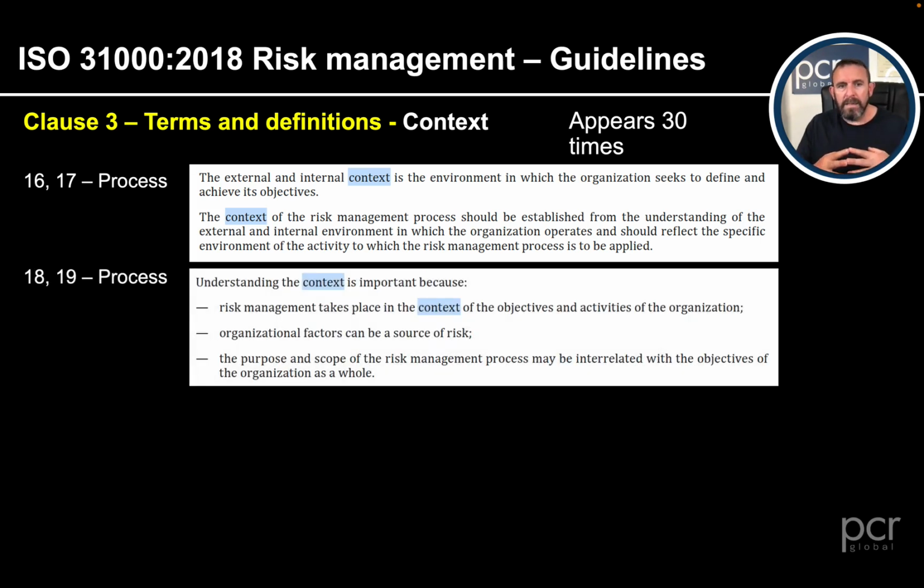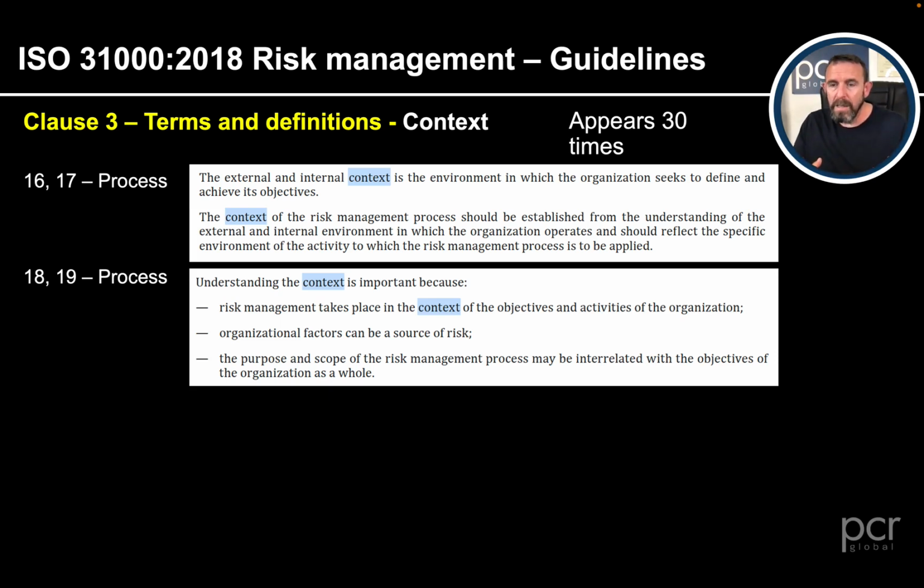18 and 19. Understanding the context is important because risk management takes place in the context of the objectives and activities of the organisation. Again, it's relating risk management, following the risk management process, the 6 steps, and it's telling us that that takes place where the organisation is trying to achieve its objectives. That is generally outside of the organisation.